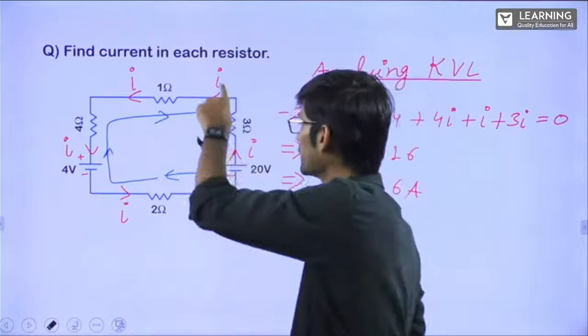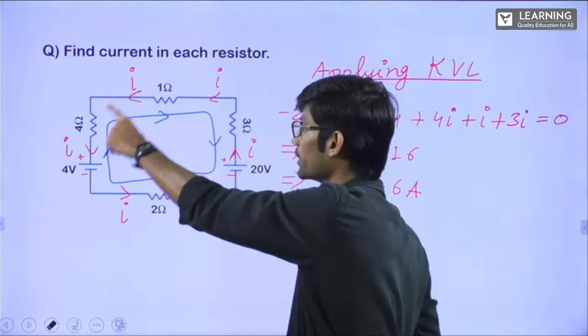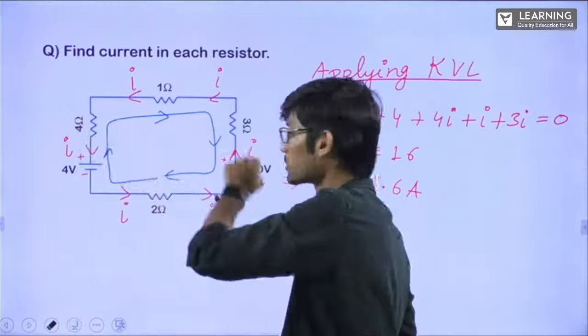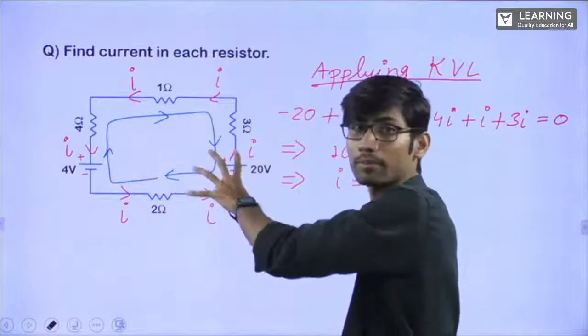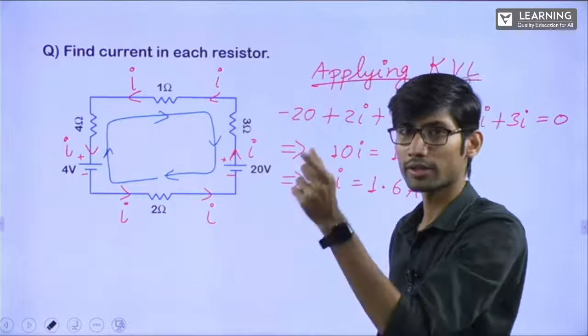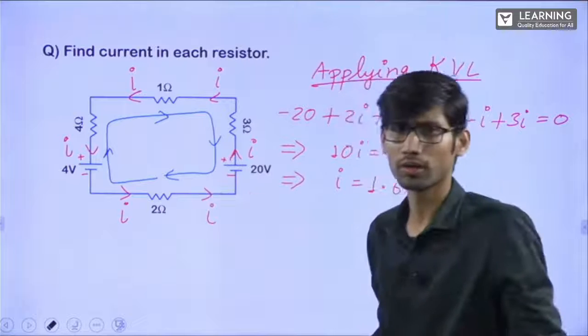See, I'm going like this. This is from minus to plus. So here also minus to plus it should be, but it is from plus to minus. It will oppose this potential difference. Net potential difference, if I just make one battery and want to write potential difference, will be 16 only, right?